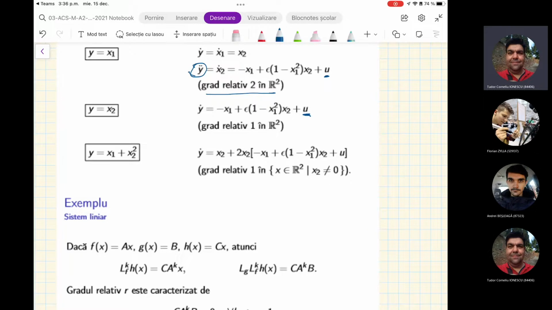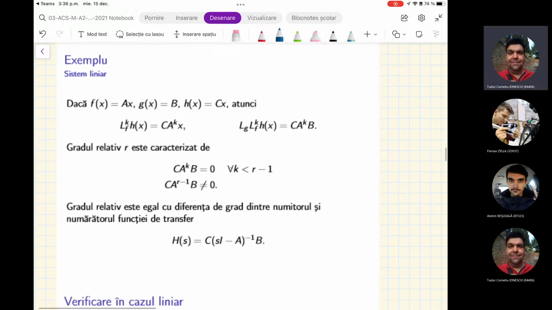Then you still have relative degree 1. Another example is a linear system. So we go back to linear systems, which are expanded in this example. That's very nice, because it's always nice to understand linear systems.